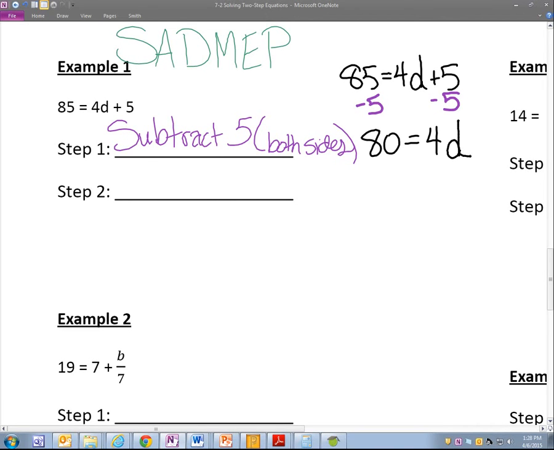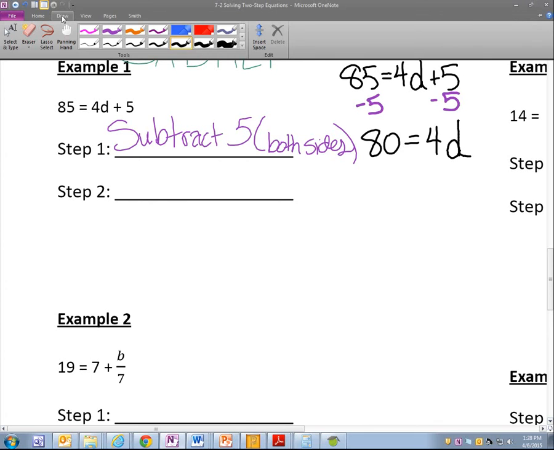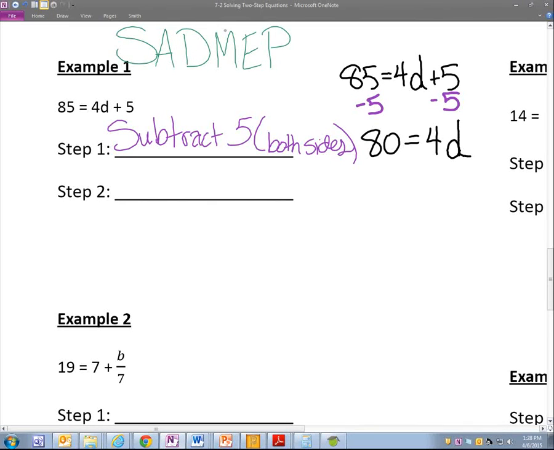What's my second step? Now I have 80 equals 4D. Great. Our inverse of multiplying by 4 is divide by 4 to both sides.